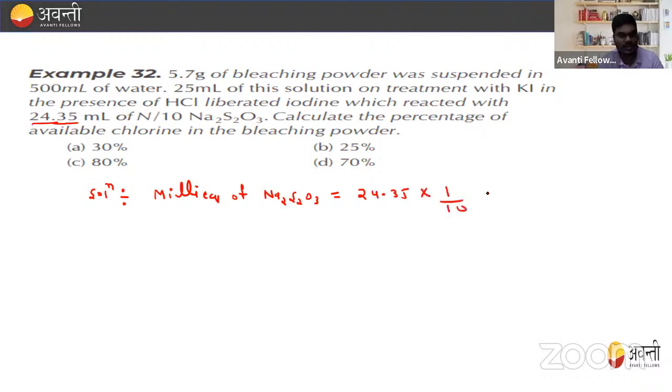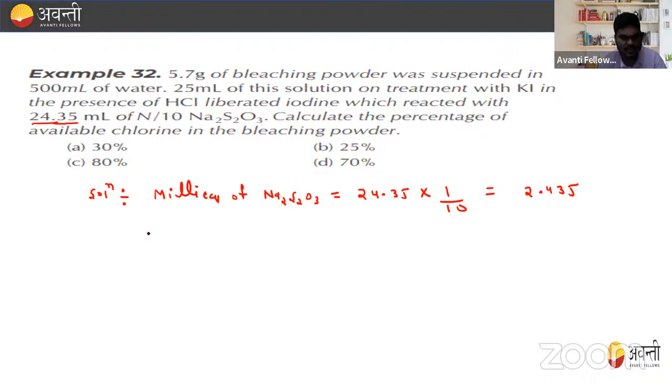So it's equal to 2.435, right? So this is the milli equivalent of Na2S2O3. I hope this is clear to you. This would be the milli equivalent of I2 and therefore that of Cl2, which liberates I2 from KI.